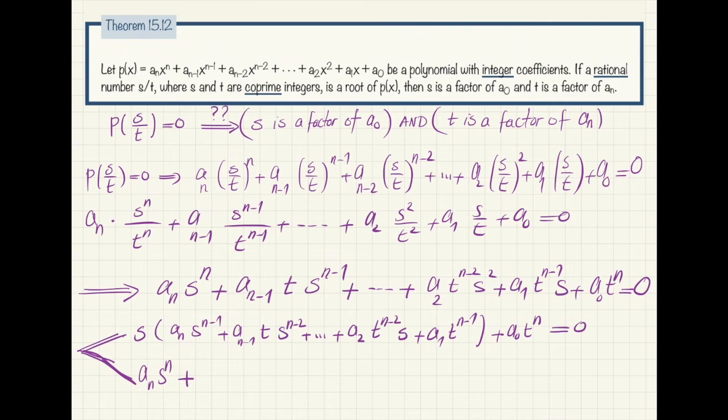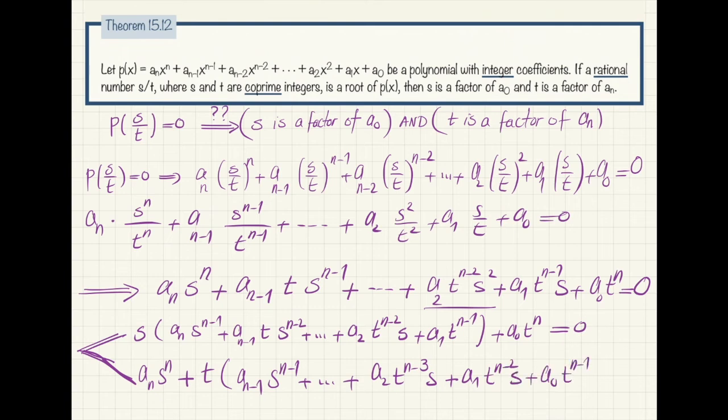I factor that t out. Then it becomes a_(n-1) s^(n-1). This will continue. This will give me a_2 t^(n-3) s^2, and then a_1 t^(n-2) s plus a_0 t^(n-1) and equals to 0.